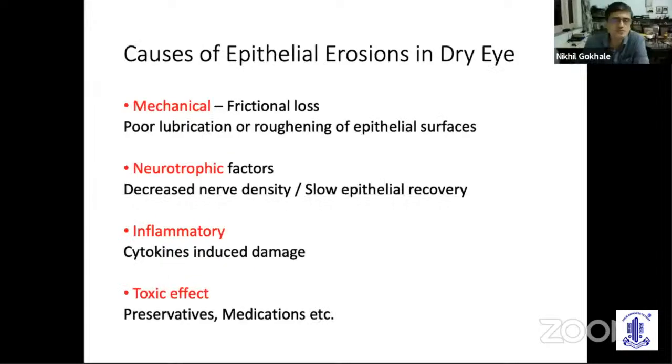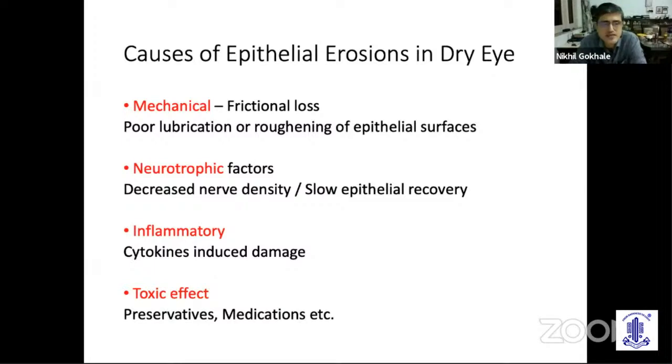I was wondering why do we get epithelial erosions in dry eye? Some of the factors that came to my mind could be mechanical factors, by which I mean a frictional loss, which could be because the lubrication isn't adequate on the ocular surface, or sometimes because the epithelial surfaces have become roughened up, or there is some keratin. There could be neurotrophic factors.